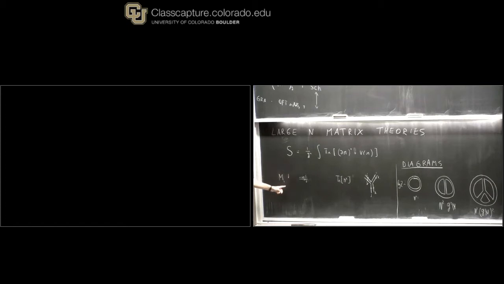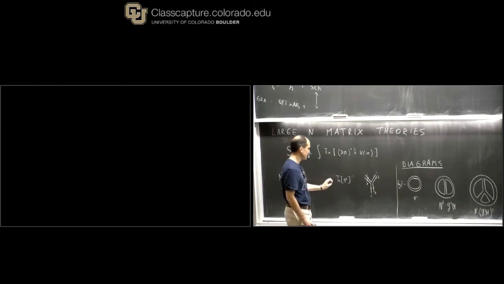Simplest case is to consider a Hermitian matrix. Then we'll have these two indices. And so this encompasses a large class of theories, including Yang-Mills theory, for example, where the gauge field is a matrix and so on. We could either have a gauge, so this action has a U(N) global symmetry, and in some cases we might gauge this symmetry, in some cases we might not, but that's not what's important.